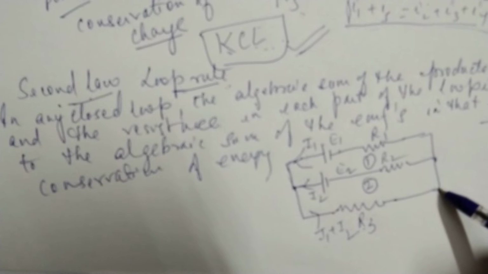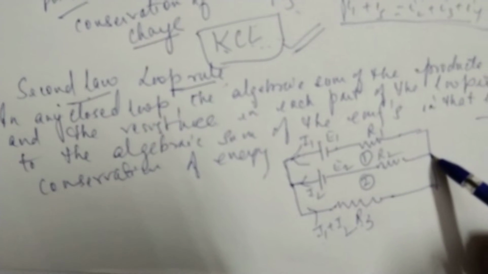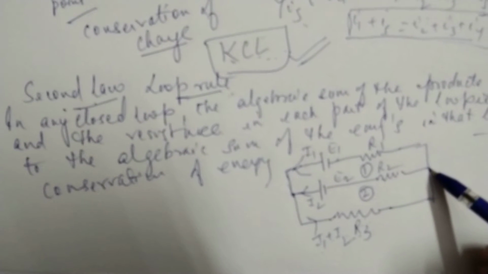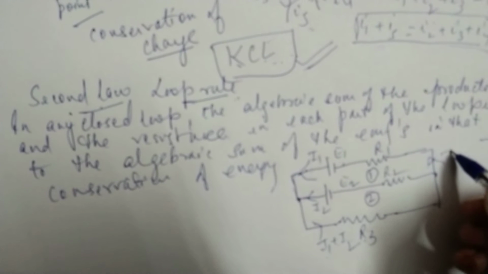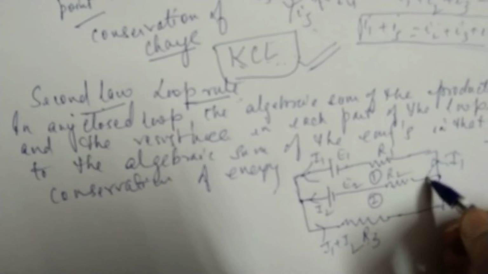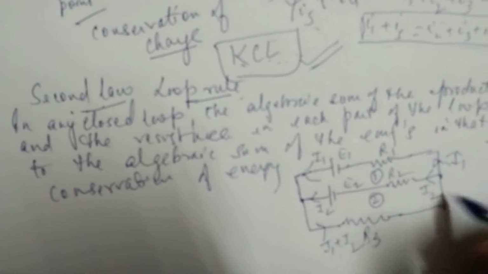So ultimately it is I1 plus I2 here. And at this point also, this is the sum of the currents I1 and I2. But at this particular point, there is a bifurcation in the current. The current gets divided into two parts. Let this part go as I1 and this part go as I2.